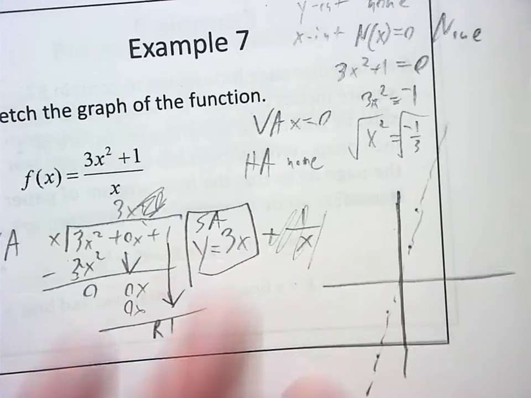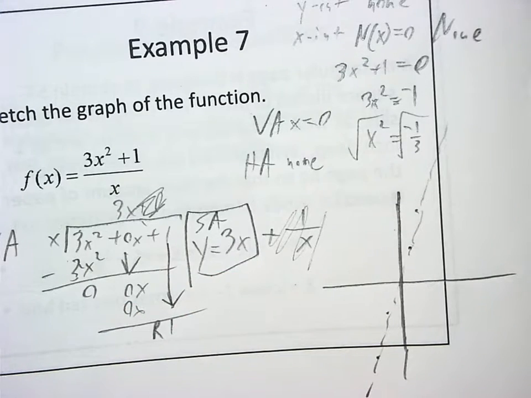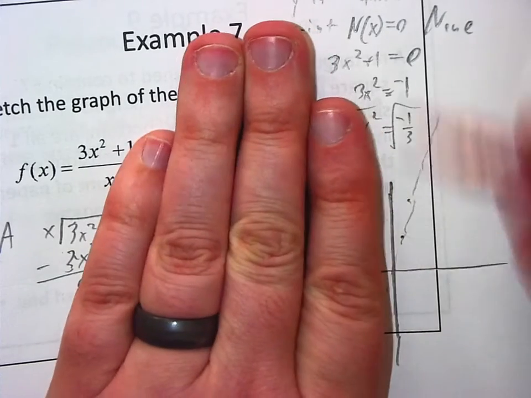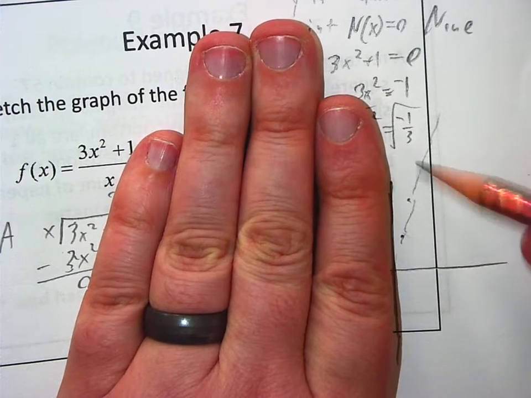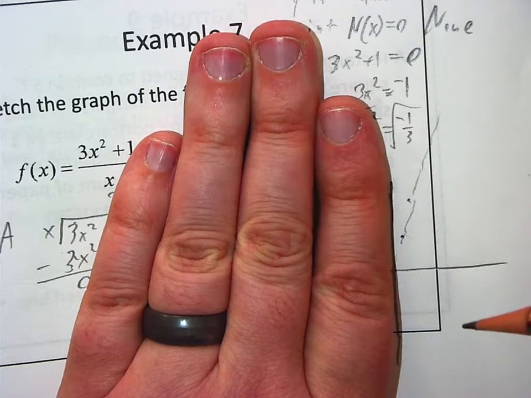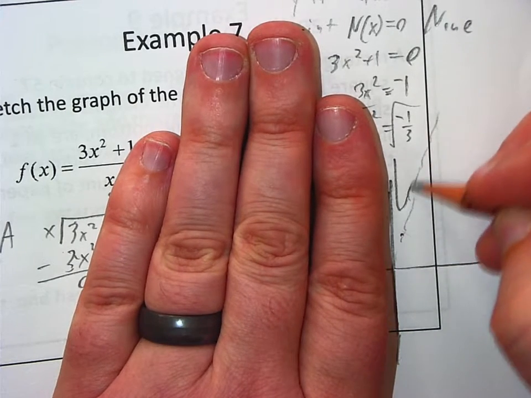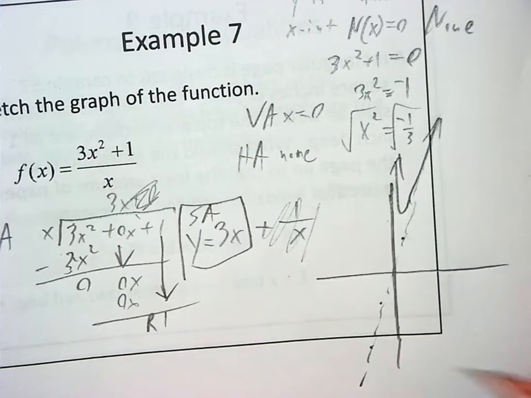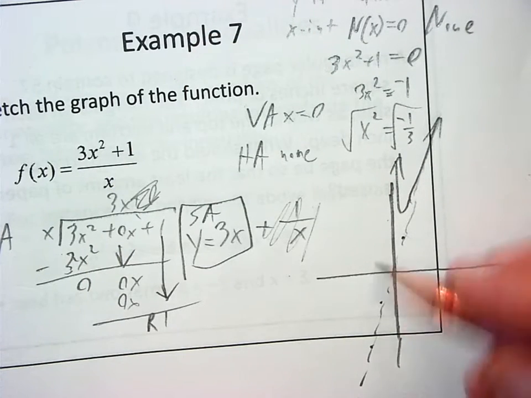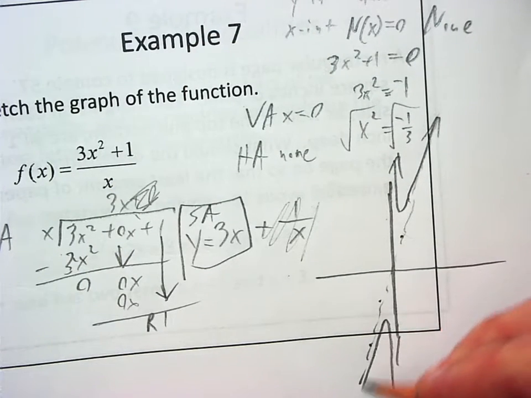Now I treat it the same way as if I had a horizontal asymptote. If I look to the right of this asymptote, am I going to graph below the slant asymptote or above it? How do you know? Because there are no x-intercepts, exactly. So it looks like this. Down here, same reason, it's going to be here.